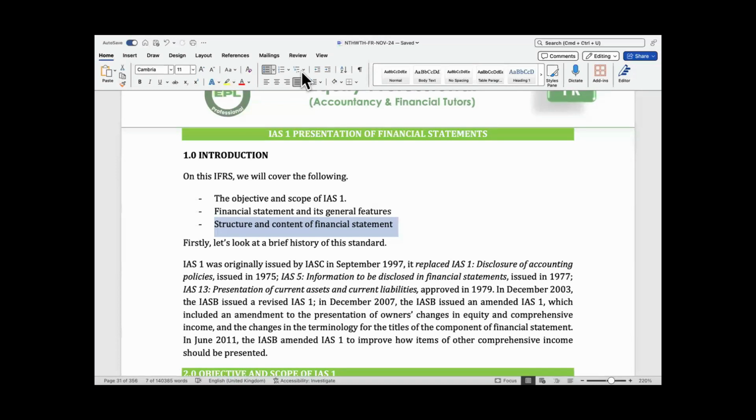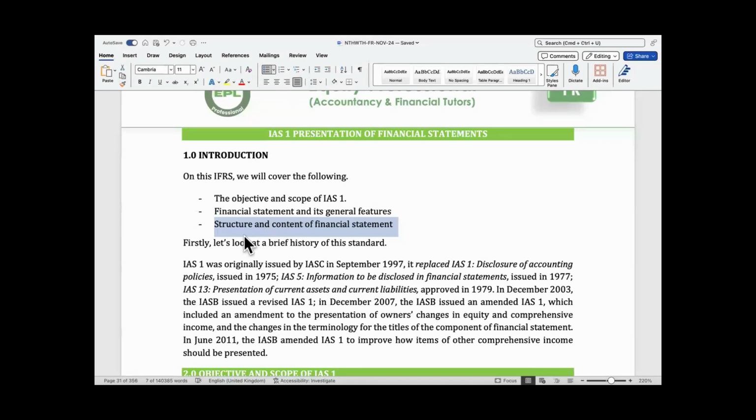When you're entering that hall to write this exam, it's assumed that you are already an expert in preparing and presenting financial statements. So today, what I want to show you is just the structure and the content of a financial statement. Then I will show you some questions and how they are presented in the books.